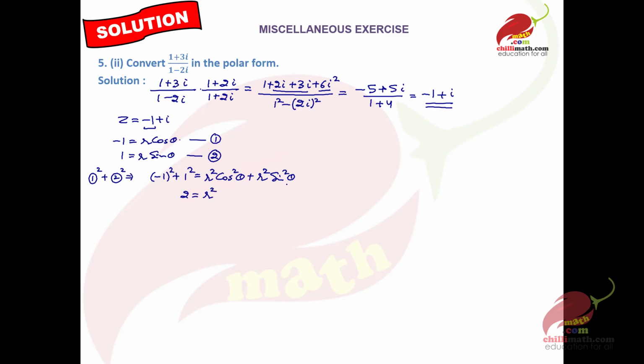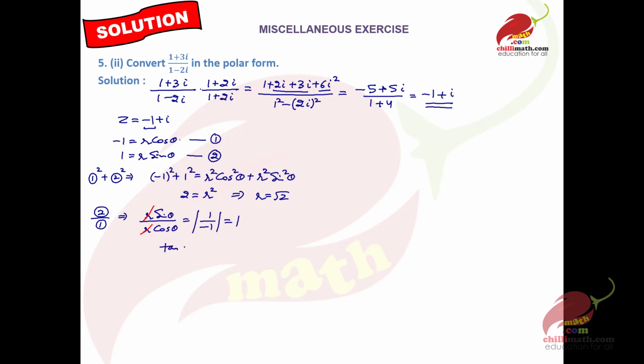Taking r square common, cos square theta plus sin square theta is 1. So r is equal to root 2. To find theta, let us divide equation 2 by 1. We get r sin theta upon r cos theta. We write modulus sign here to get the angle in the first quadrant. Let us cancel this r.